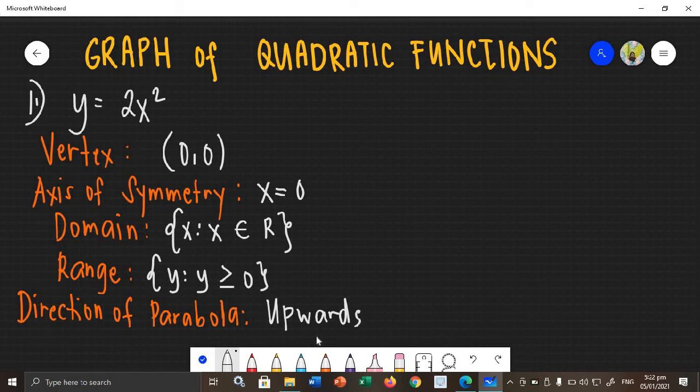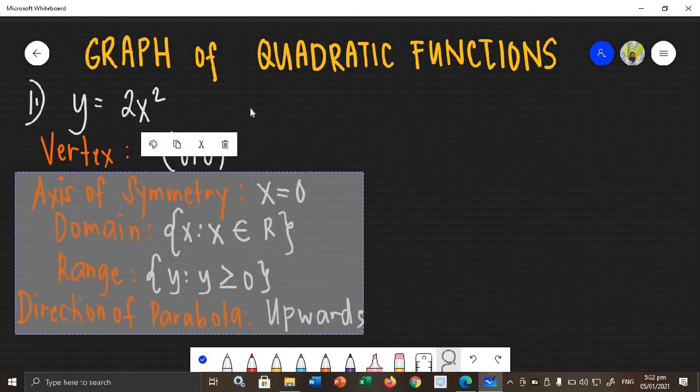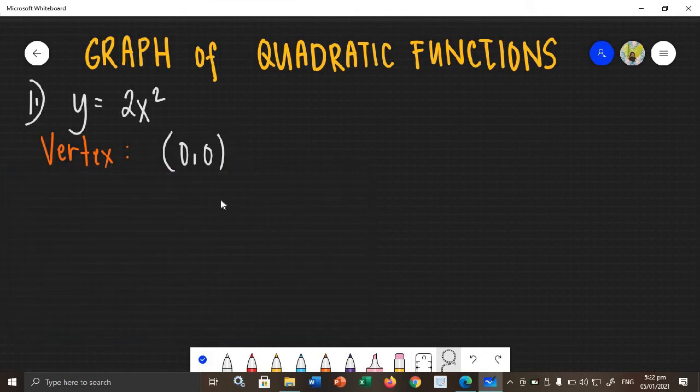And then, right after nyo masulat yung mga value na yan, you're going to list these values below the graph. Okay, these values, the values of these terms. Now, for you to be able to graph this quadratic function, what you need to remember is the value of your vertex.